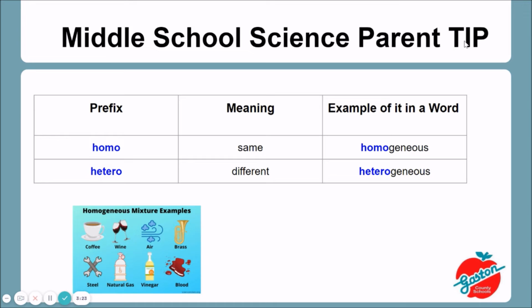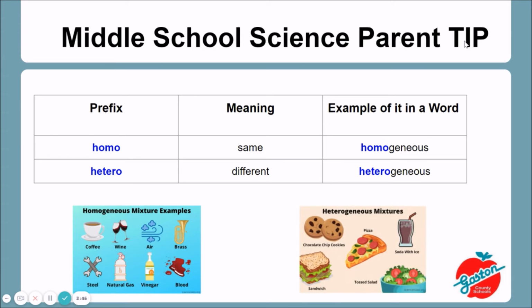Everything looks uniform. In blood, you cannot see red blood cells, white blood cells, and platelets on face value. Everything looks the same for a homogeneous mixture. Amber, homo means? Homo means the same.